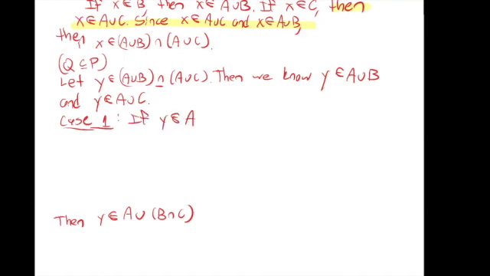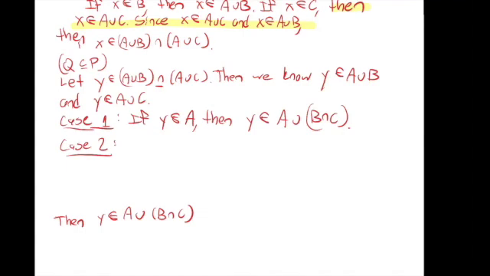one case could be that y is in A. That's a really short one. That's pretty direct right there. I don't think there's much justification that we need. If it's in one of the sets, then it's going to be in one or the other.